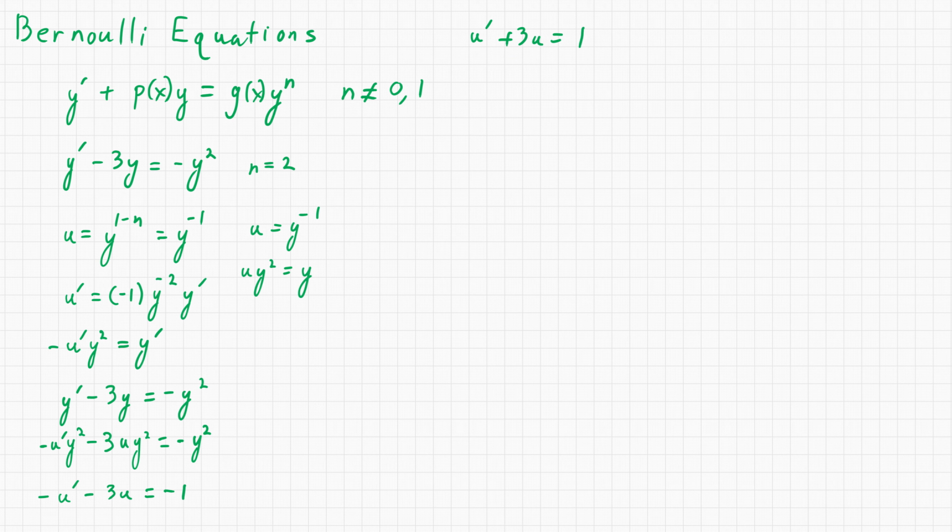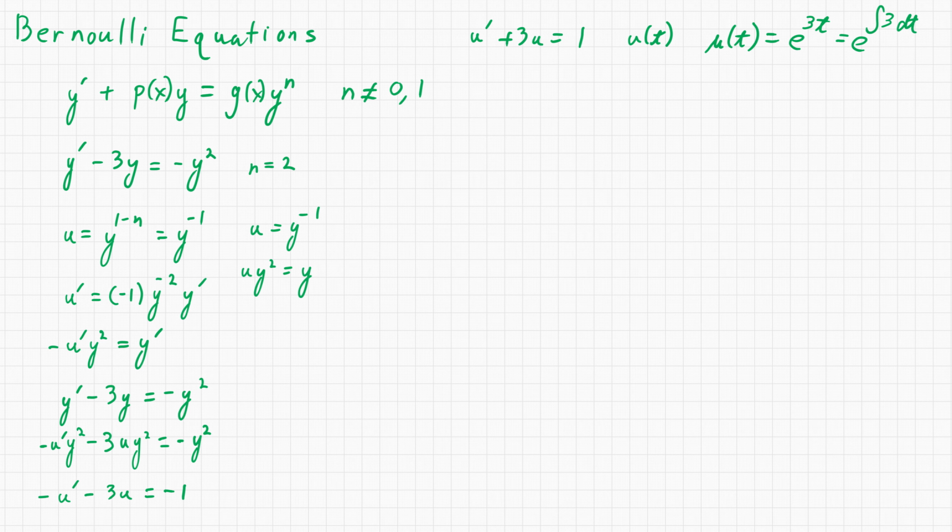The integrating factor we're going to use, and this u is still u of t, our integrating factor mu of t, is e to the positive 3t, because we're taking the indefinite integral of that 3 dt.